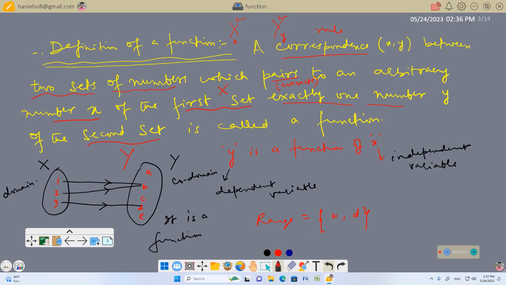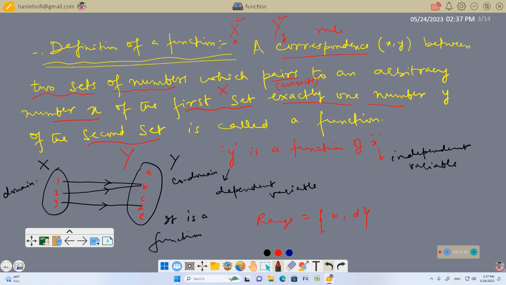So it can happen that range and codomain are different. So in general, you can see range is a subset of codomain, right? Range is a subset of codomain because range is the set which contains images only.